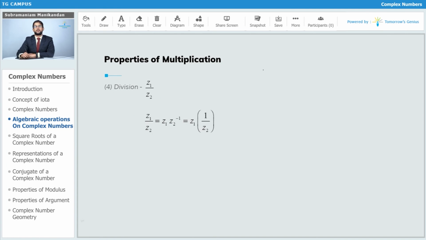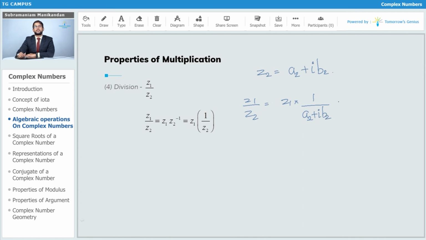For example, if I have z2 is equal to a2 plus I into b2, so I have z1 by z2 is equal to z1 times 1 by a2 plus I into b2.